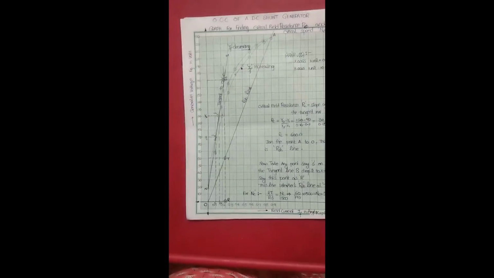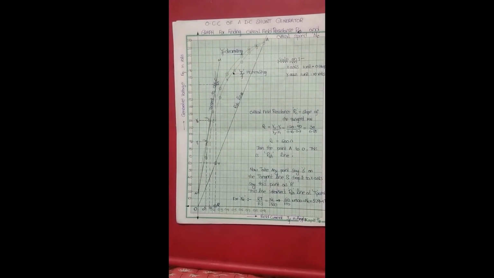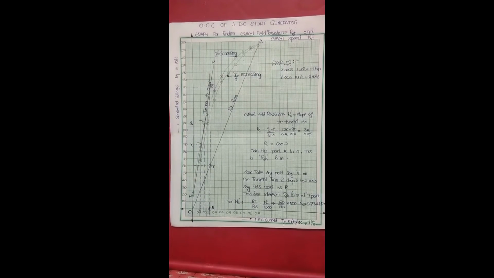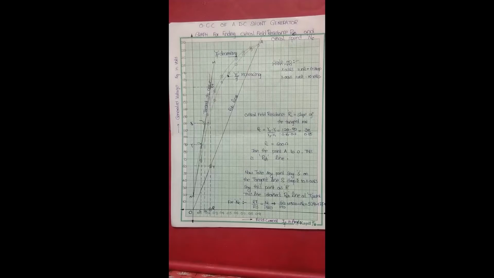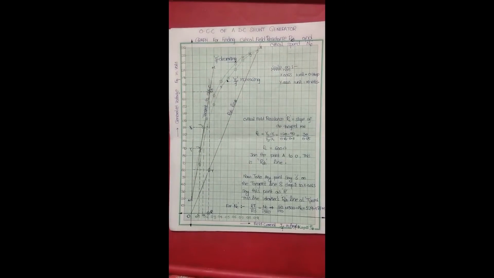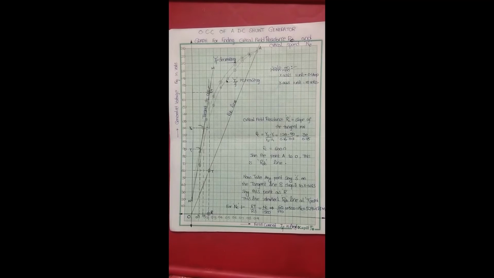Now let us take a graph sheet and take the field current on the x-axis and the generated voltage on the y-axis. Appropriately with the values you obtained, take on the x-axis 1 unit equal to 0.1 ampere and on the y-axis 1 unit equal to 10 volts.